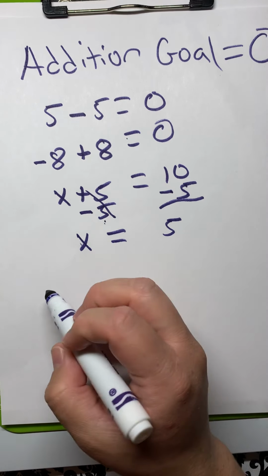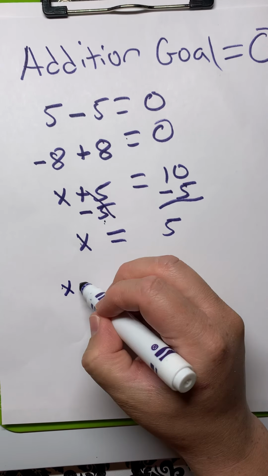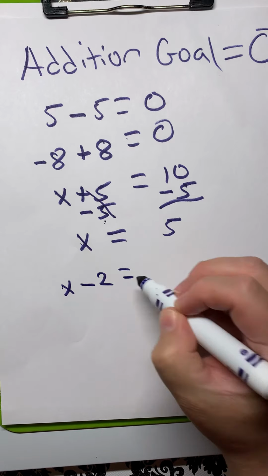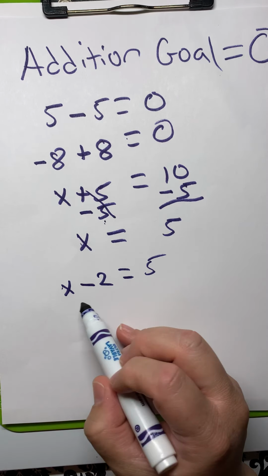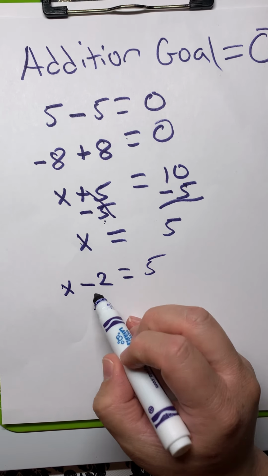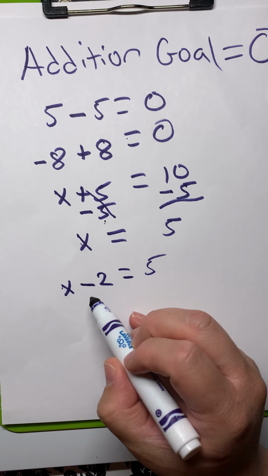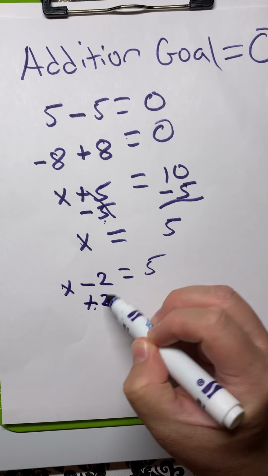Same thing if you had a negative. Say now you have x minus 2 equals 5. So we're still going to try and isolate the x. How do you isolate the x? You have to do the opposite of this negative 2 here. The opposite of a negative 2 is positive 2.